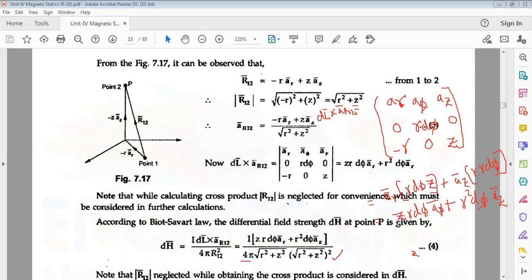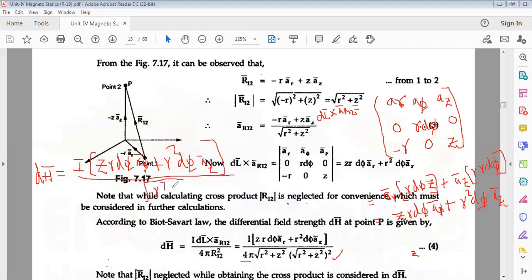Okay. Now simplifying the function, the dH bar is equal to I multiplying, I write the dL bar cross AR bar, I into Z R dφ Aφ bar plus R square dφ AZ bar, whole divided by, in the denominator, R square plus Z square, and the square of the distance is R square plus Z square under root whole square, into 4 pi.